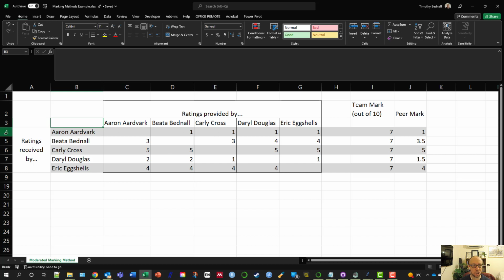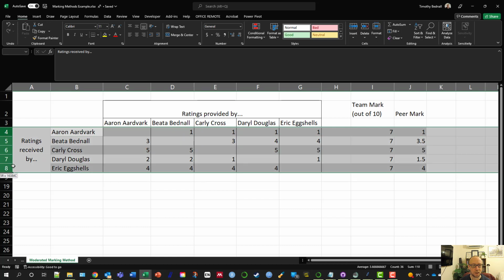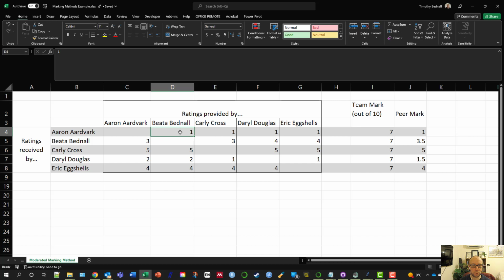In the rows, we've got the ratings that were received by each person. So, for example, this is the rating received by Aaron from Beata, and this is the rating received by Carly from Beata, and we're leaving out the self-ratings here. And of course the columns indicate the person that provided the ratings.